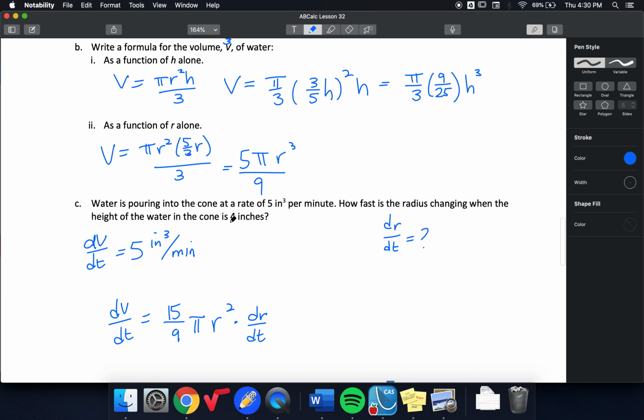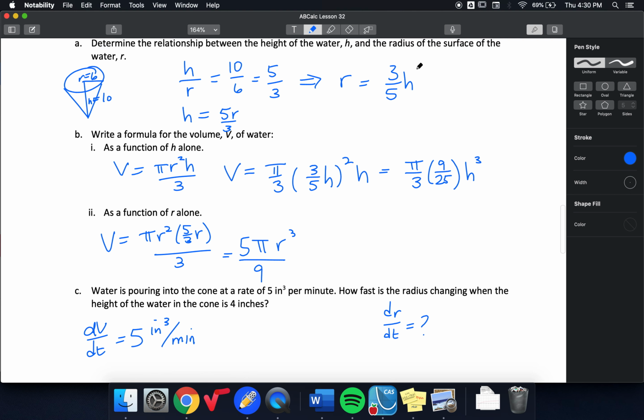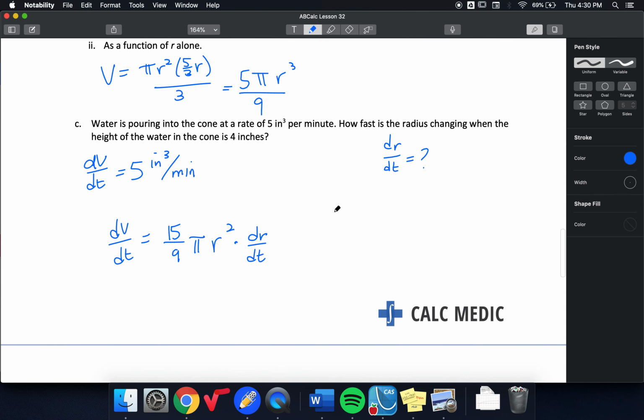When the height is 4 inches, I know from this formula up here that my radius is going to be 3 times 4 over 5, which is 12 over 5. So at h equals 4, r equals 3 times 4 over 5. Now I can come back and substitute. I know dV/dt is 5.